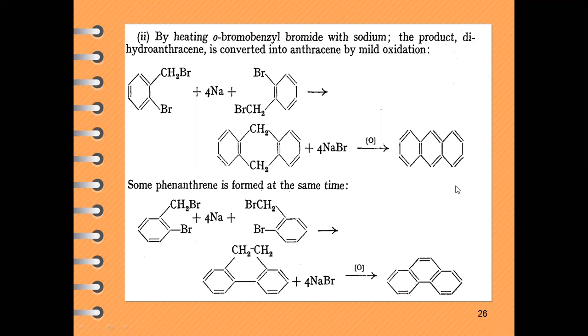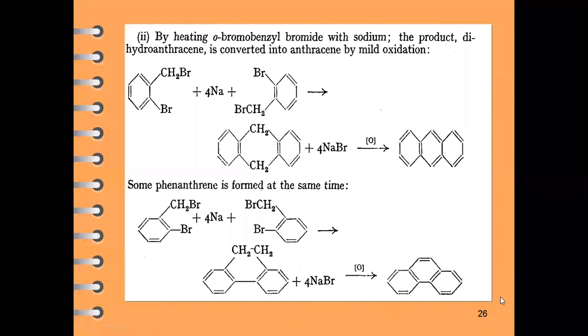Now, the same method is also used for the formation of phenanthrene. Again, memorize the word linear. Phenanthrene is also a triple fused compound of benzene rings, but it does not fuse those benzene rings in a linear manner.